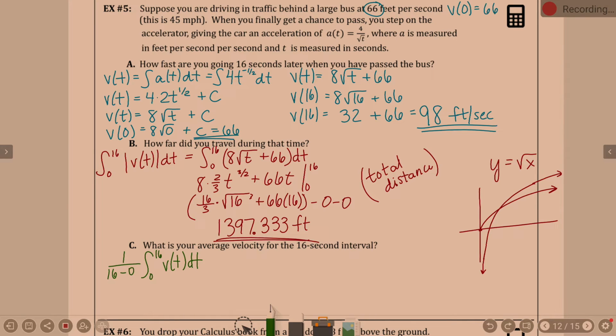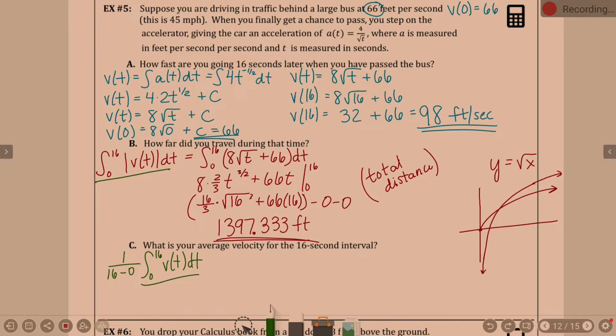However, do I want to redo all that work? Because what do we already have? Isn't this going to match up with this? I know we had absolute value earlier, but did we even need it? No, we didn't. So this is a situation where your displacement and your total distance are going to match. They're going to be the same.